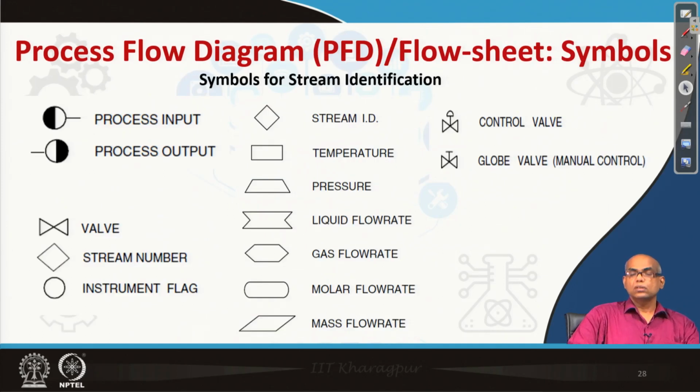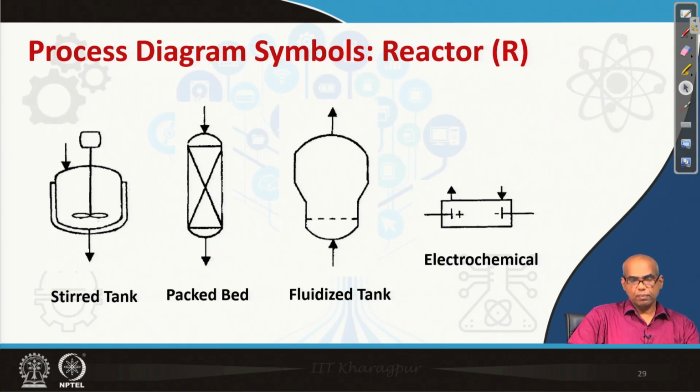Now, we will show symbols that we use to draw process flow diagrams. So, what you see is symbols for process input, process output, valve, stream number, diamond symbol, instrumentation flag, blank circle. Then there are various symbols. You have to go through these symbols and try to remember them, so that you can identify the symbols when you see a process flow diagram.